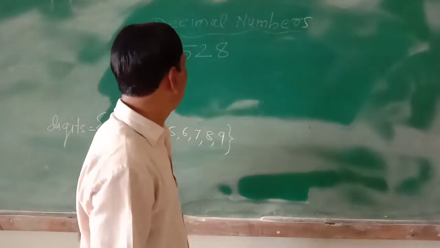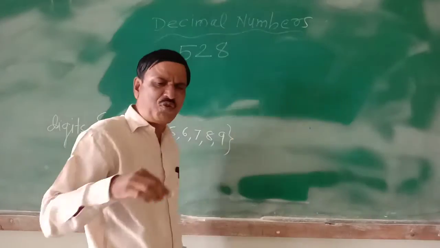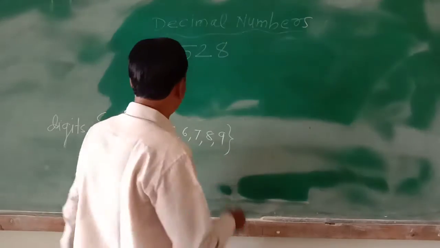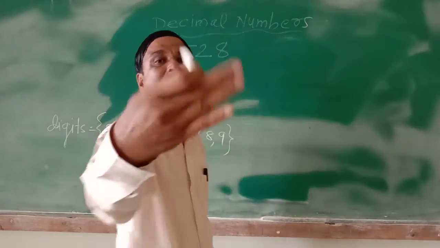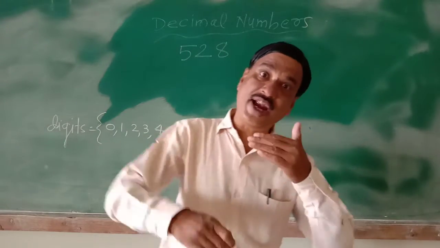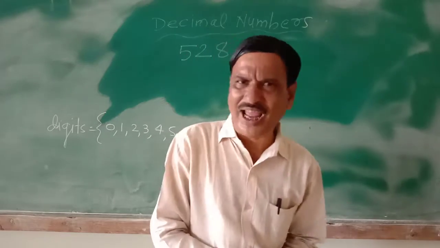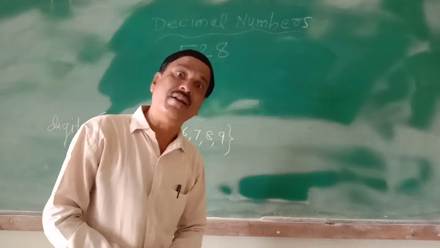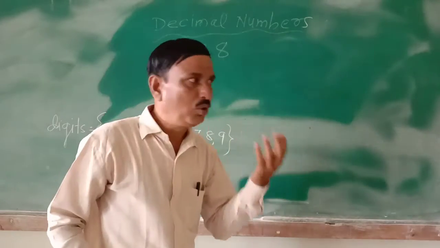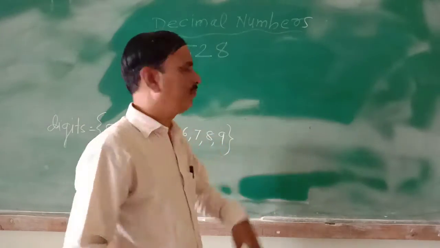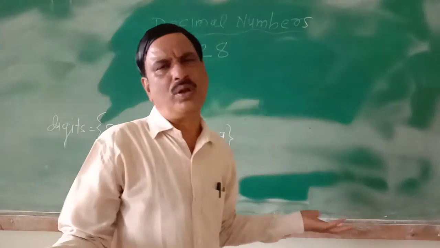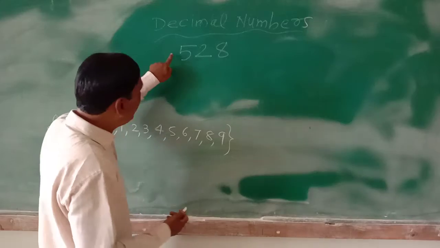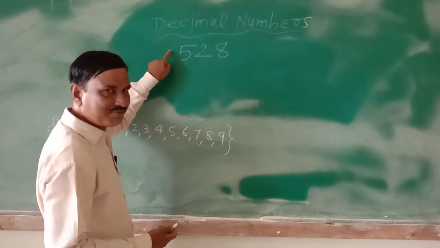Second thing, here instead of calling 5, 2, 8, actually we call 528. It means that 5 we are calling 500, for 2 we are calling 20, for 8 simply we are calling 8. Now let us suppose one more digit is here.